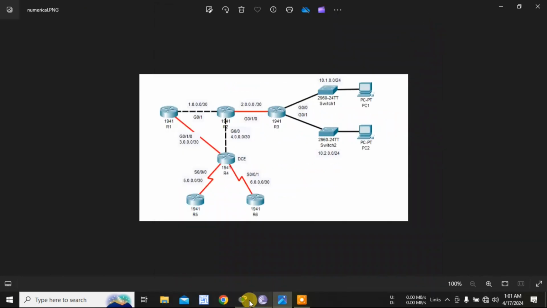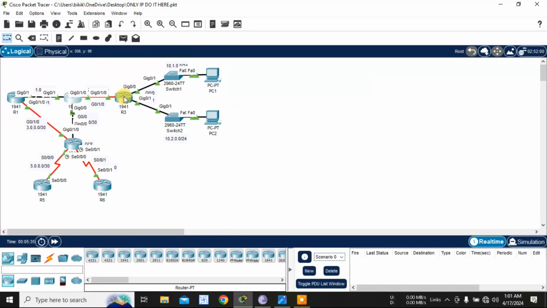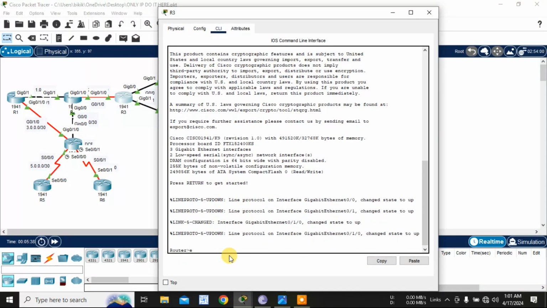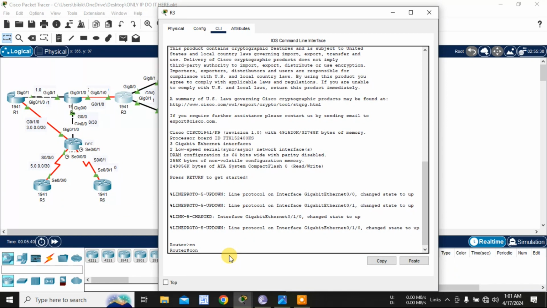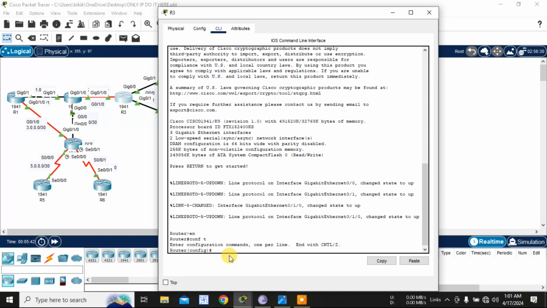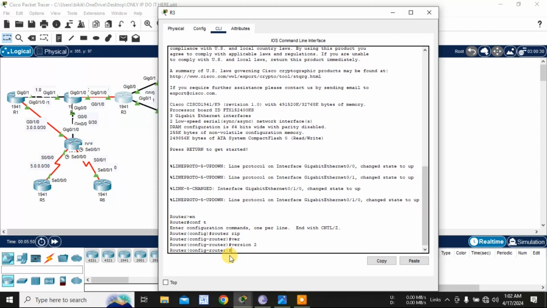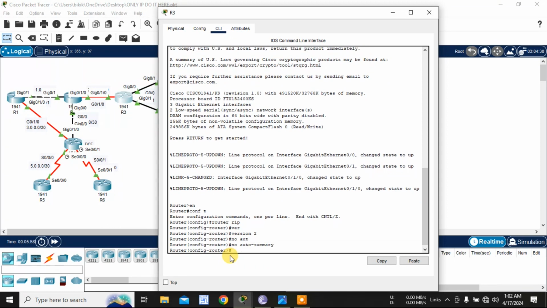Then let's go to router number 3. Enable, config t, then router rip, version 2, no auto-summary, then network.